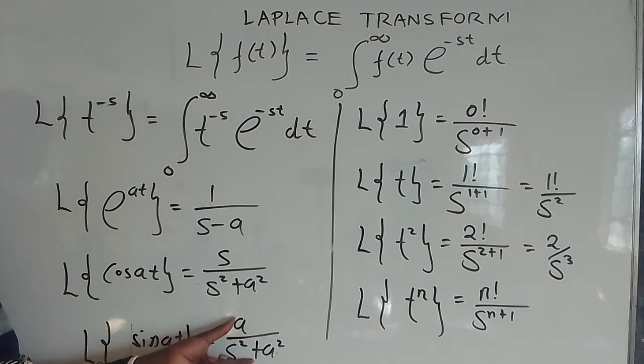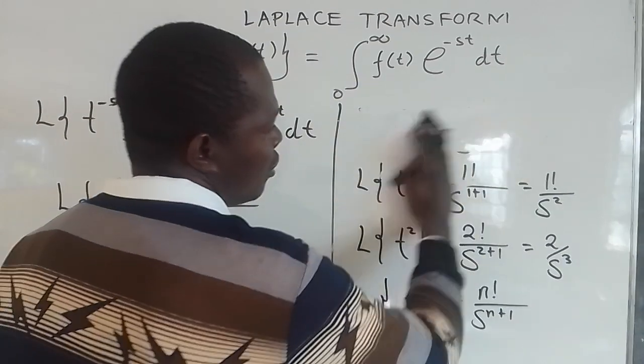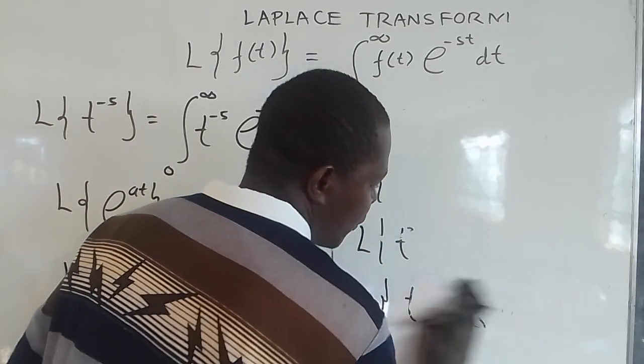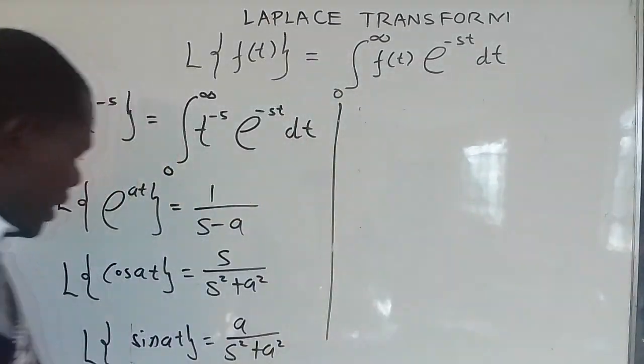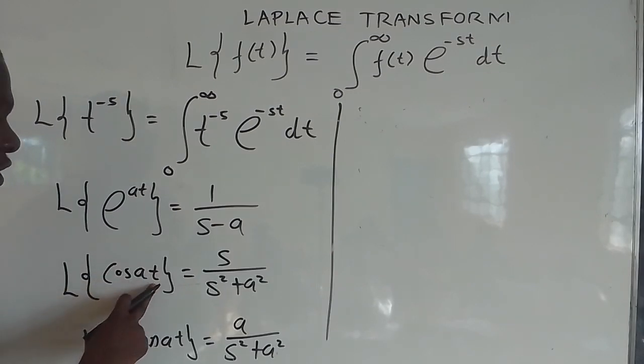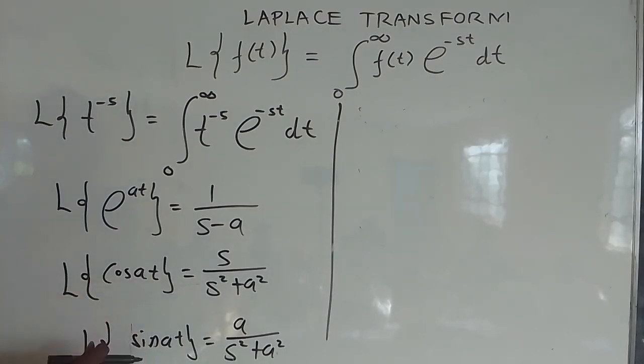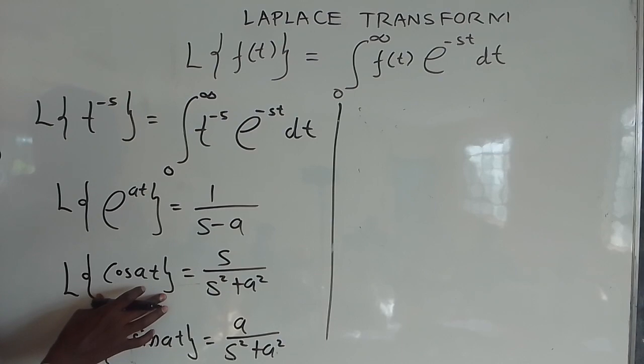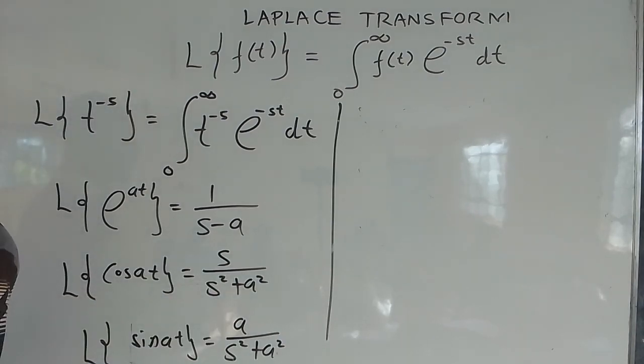You can actually change this in the form of a chain rule when you have a product of two functions. When you now know that if this one is cosh at, then the sign here is negative, isn't it?